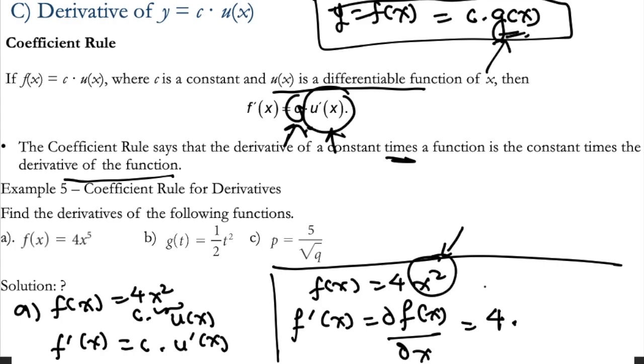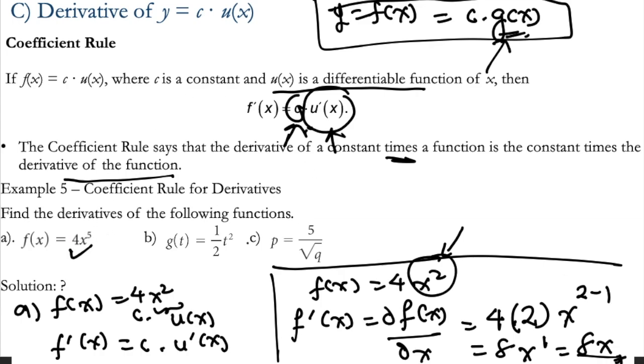For this one you can use the power rule. So bring 2 here, attach to x, and x to the power of 2 minus 1. Then you simplify it further, it becomes x to the power of 1, but we never write it this way, so 8x.